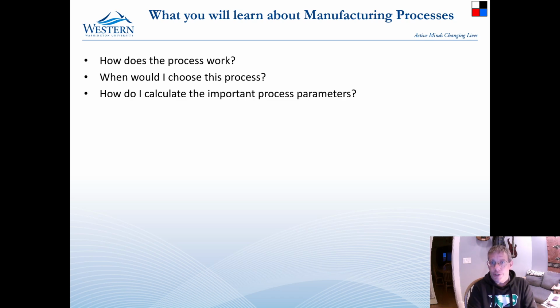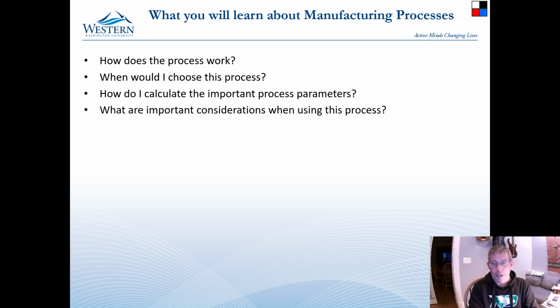But the equations are helpful because they give us order of magnitudes of understanding. What is the most important process parameter? How much does it affect different outcomes of the process? Some things will be a linear input, some things will be an exponential input, and that's the kind of thing that we need to know, and we'll look at equations to understand that kind of thing.